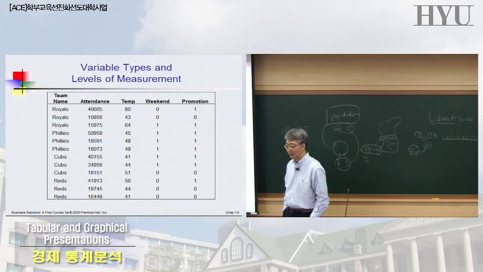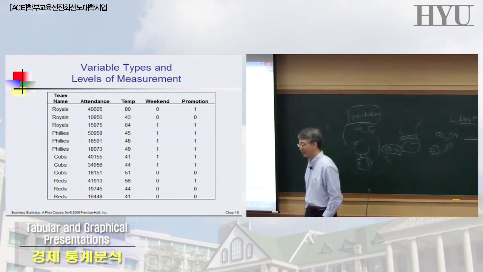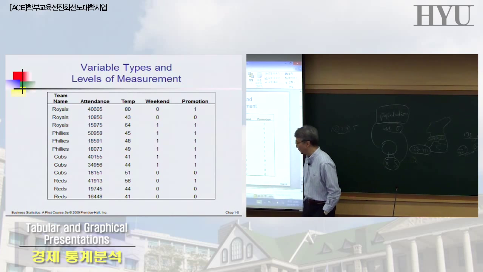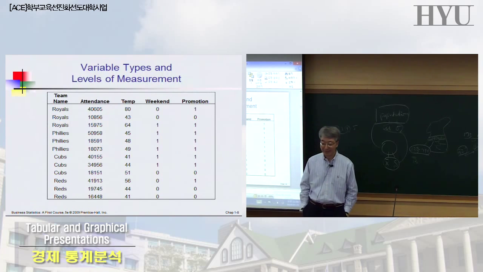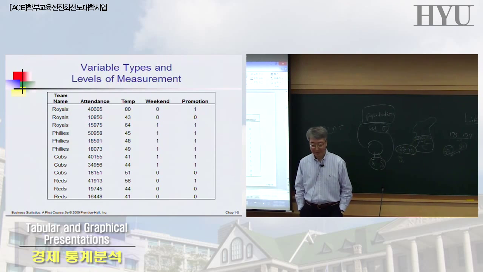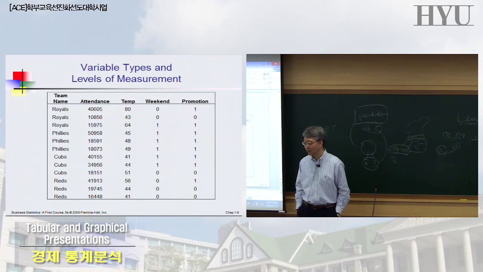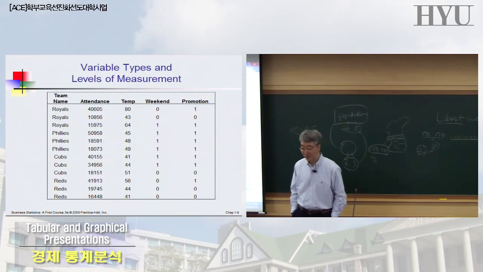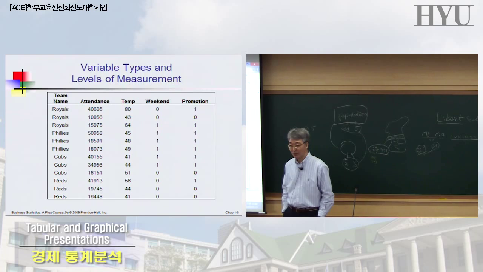Why not ordinal? It doesn't have any ranking. Are you sure? You mean you don't have any preference among the Royals and Phillies and Cubs and Reds? You don't, okay. If we had Dodgers among here, everybody would say Dodgers is number 1, or now Texas Rangers.